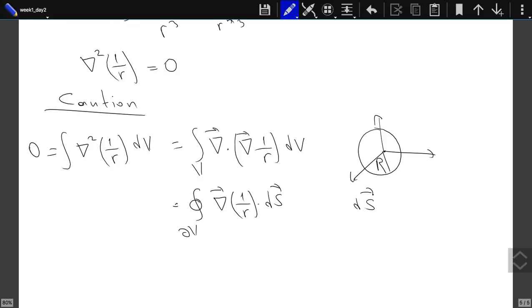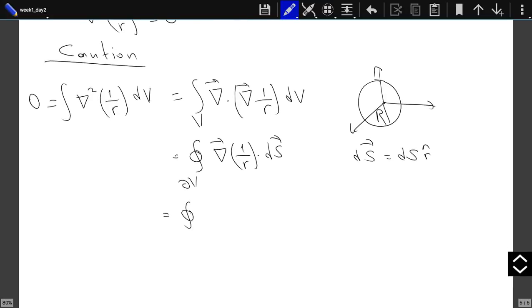Since we are considering a sphere, ds is a vector pointing radially outward, so it is its magnitude in the radially outward direction. So this is equal to the gradient of 1 over R, scalar product with the radial vector, multiplied with ds.